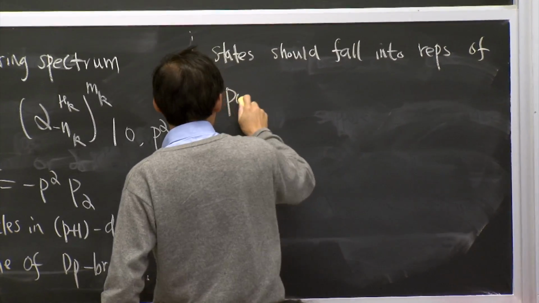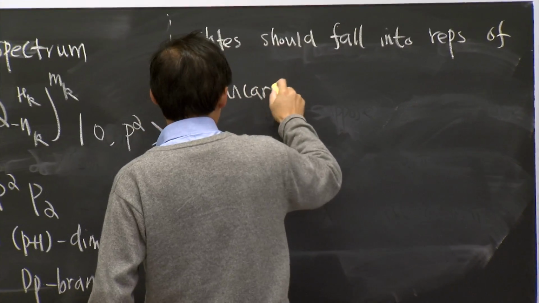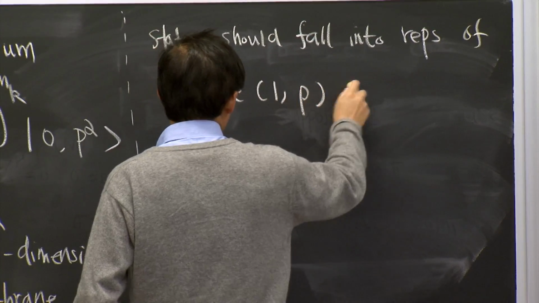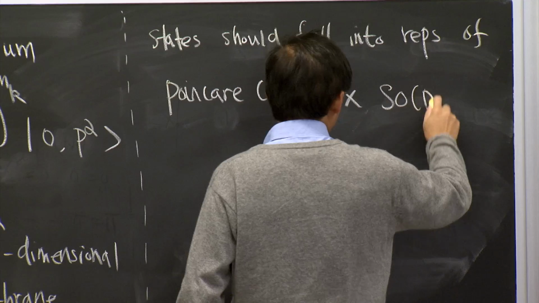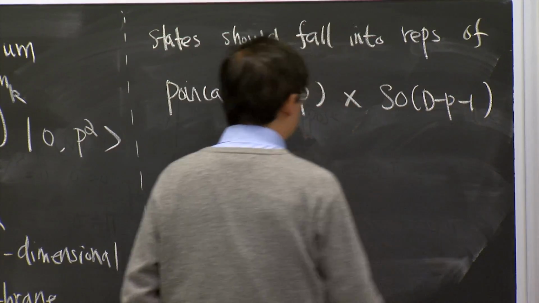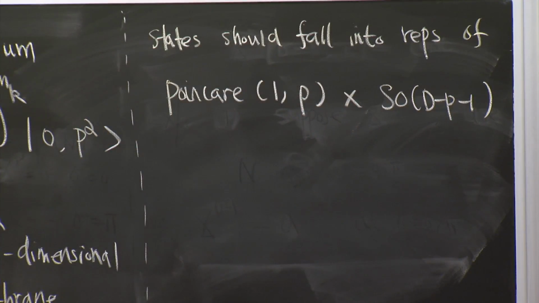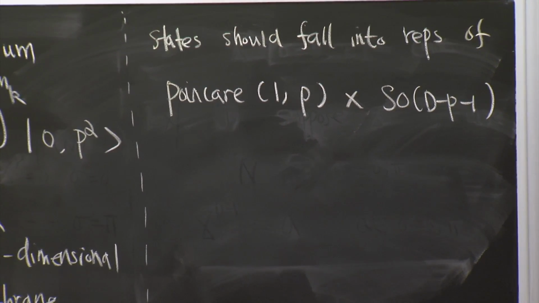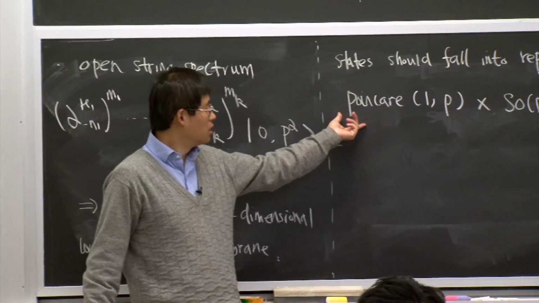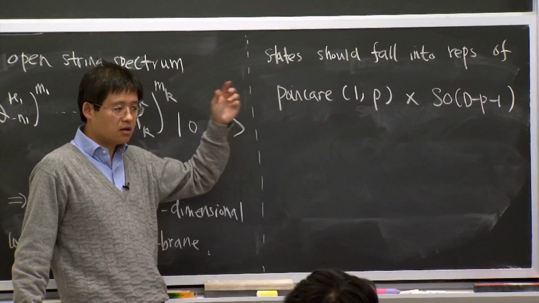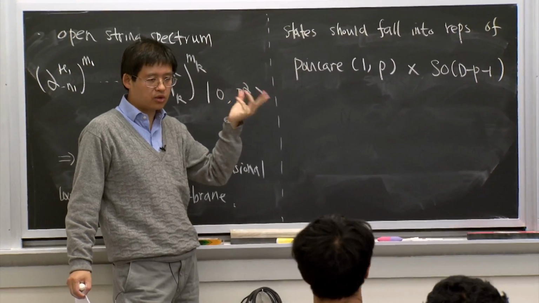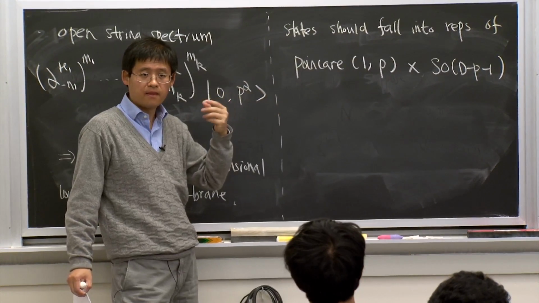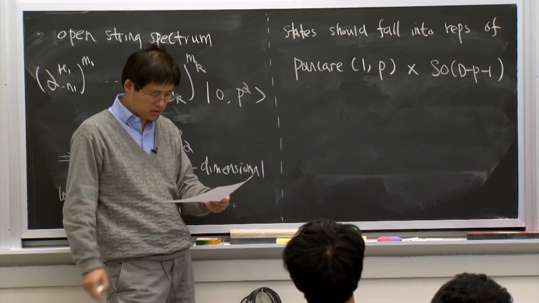This Poincare 1p and the rotation in the transverse directions. Okay. And again, just by this, you can show that it makes sense only in the 26th dimension. Okay? Again, it makes sense only in the 26th dimension.